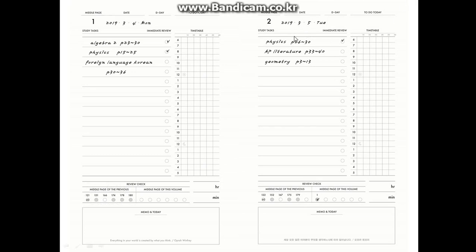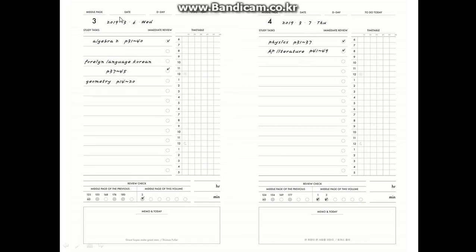Write down the date and write down the lesson. And I said that you should do a mid-review right after running as long as it is possible. And the review to do this day is middle page number 1. So you go to the middle page number 1 and review the lesson that is written there.